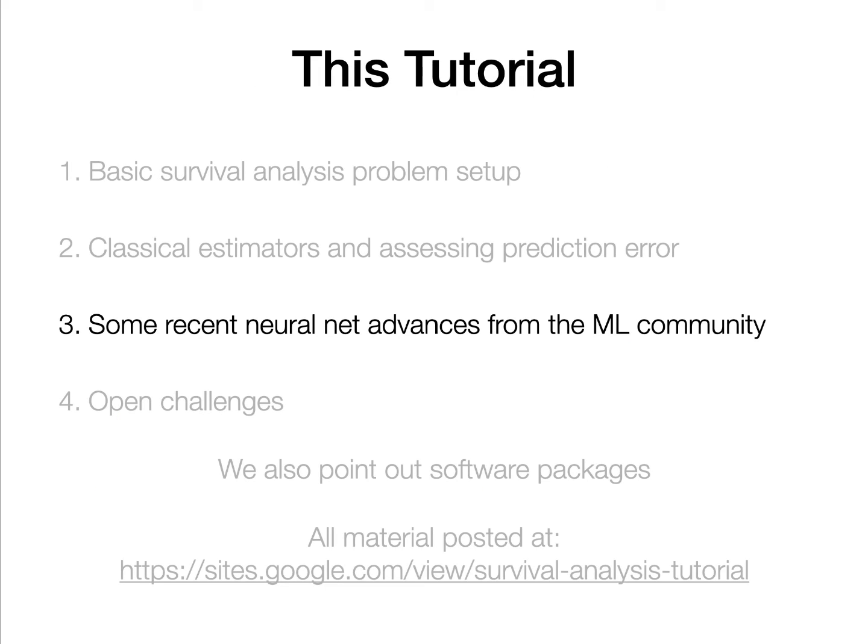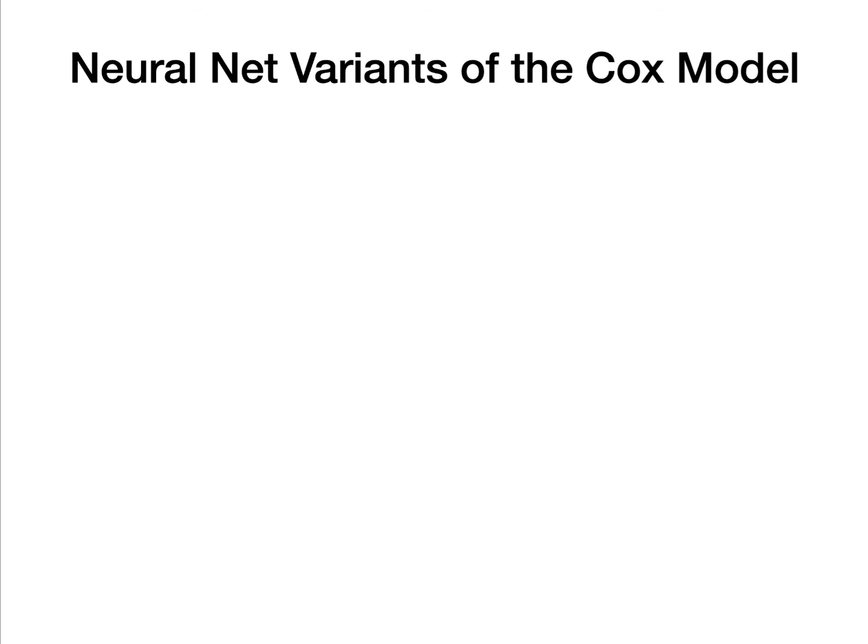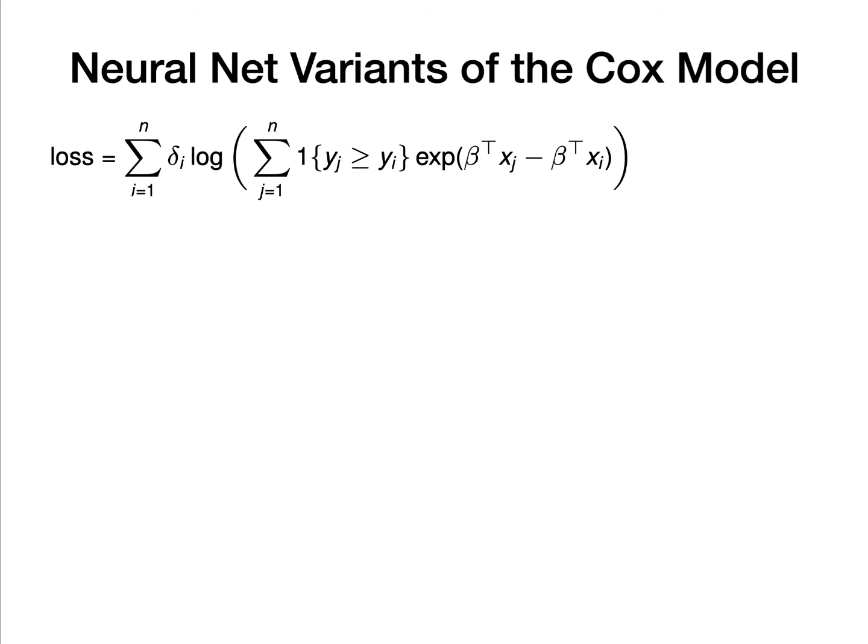All right, now I will talk about some recent neural net advances from the machine learning community. To begin with, I'll talk about some neural net variants of the Cox proportional hazards model. As a reminder, the loss function for the Cox model, when we're estimating the Cox regression coefficients beta without worrying about the baseline hazard function h sub 0, is given by this equation here.